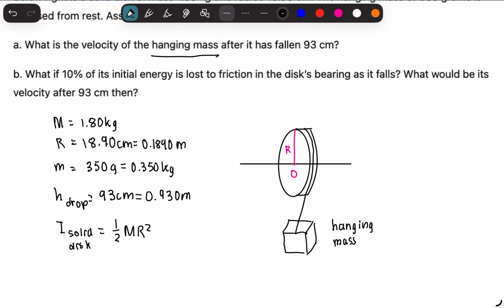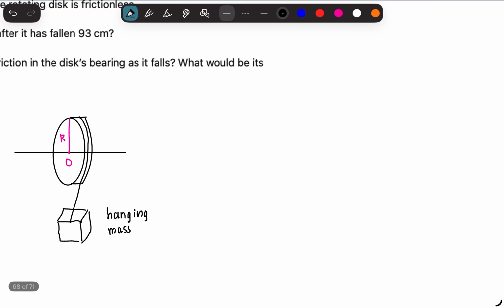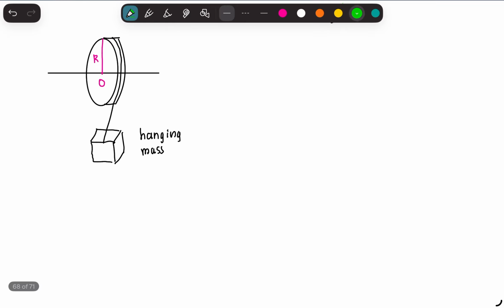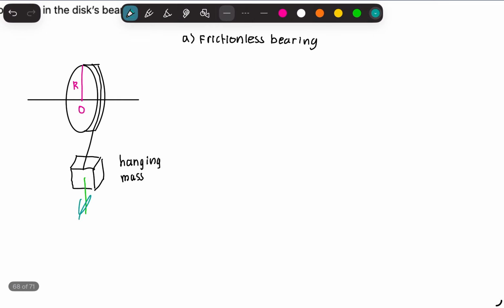We want the hanging mass velocity. We know that this is going to be a frictionless bearing. So for our hanging mass, downward we have mg, upwards, I'm gonna write this here.